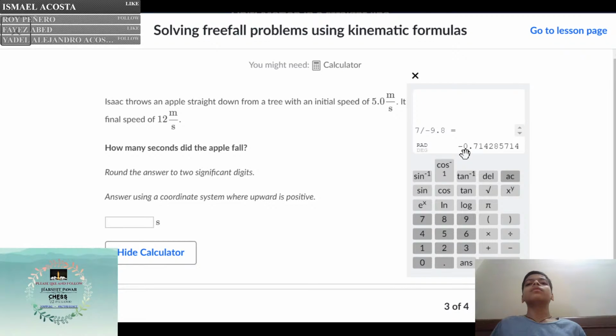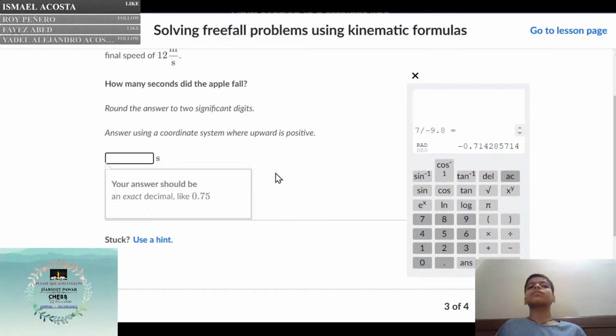With two significant digits, it will be negative 0.7.